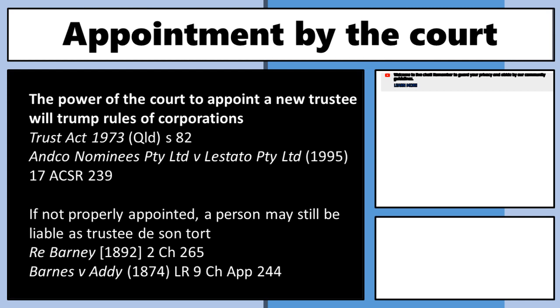Okay, those that have done company law will be aware there are things like replaceable rules, and you have companies that have rules in their own constitution. And so you have to make note that this power of the court to vest title in a particular corporate trustee will actually trump rules that say you can't be a corporate trustee, or there is some defect in us holding, we will not hold this category of object.